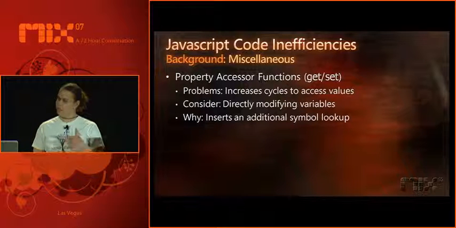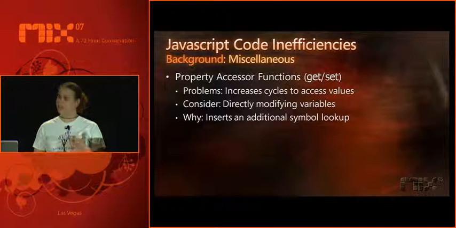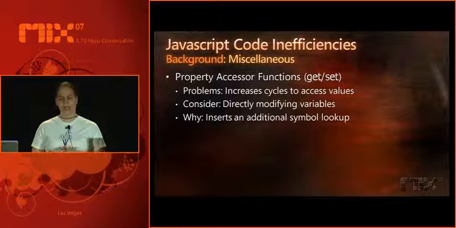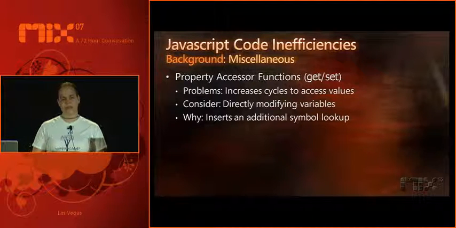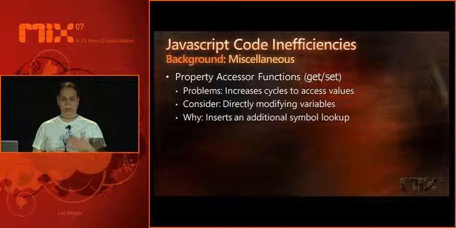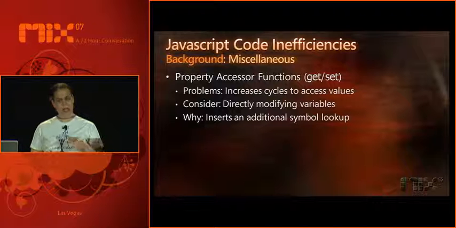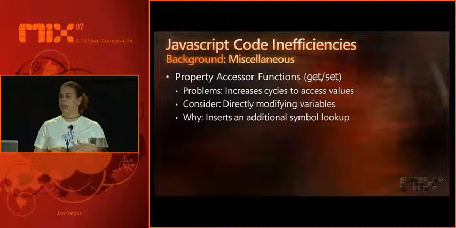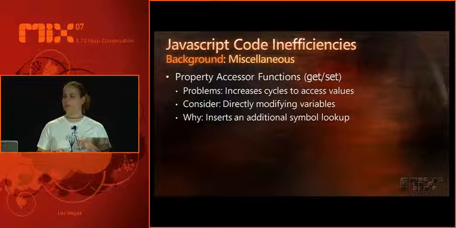And while this, again, is a very beautiful and elegant system, especially if you're doing validation checking, it does cause another set of lookups to occur. And you should just consider directly modifying the variables yourself. Again, all by itself, this may not be a huge perf penalty, but I've seen people use nested levels of these in their apps in constructors. And so that winds up counting for a lot.